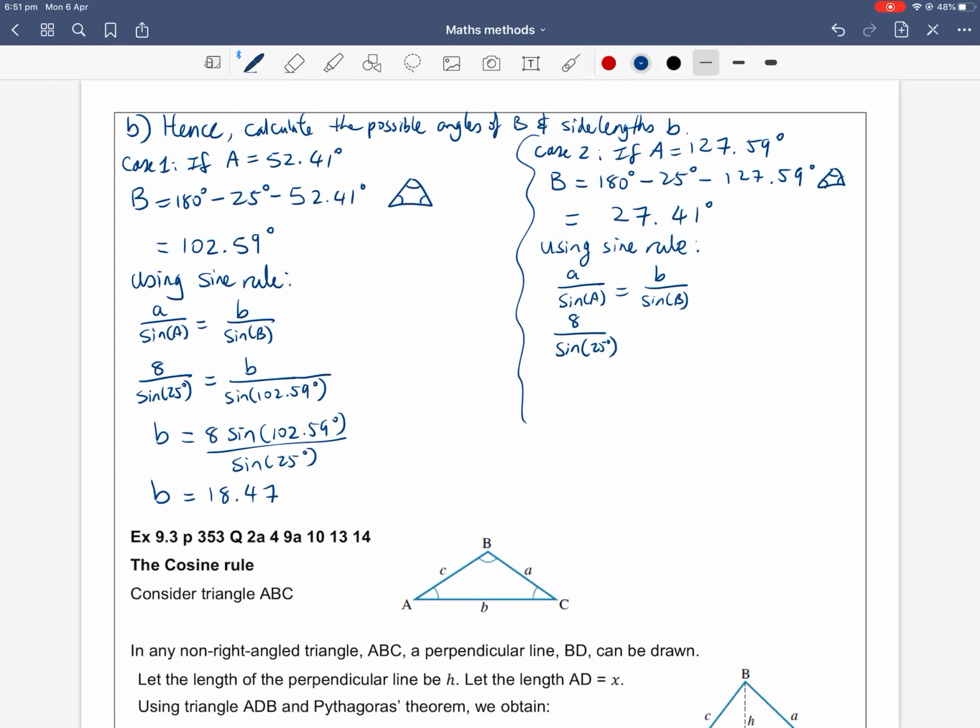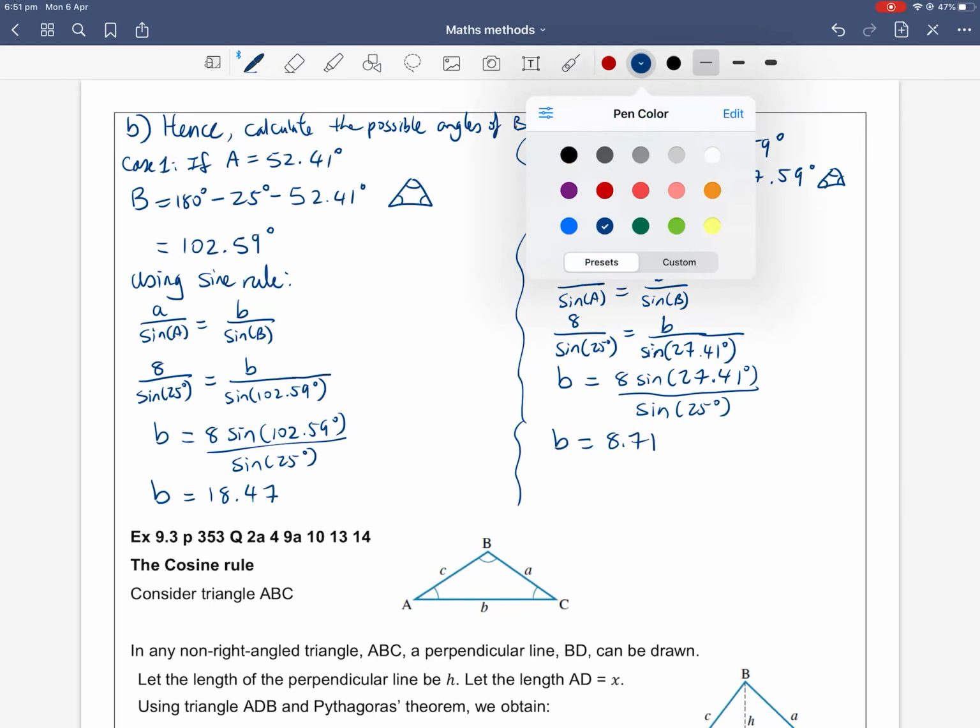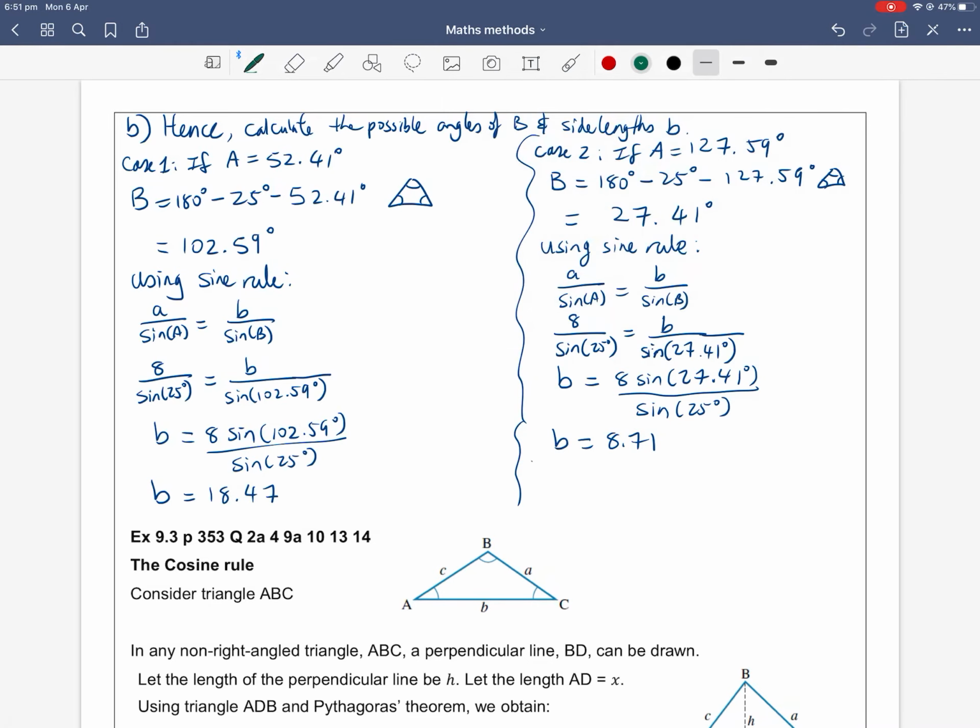So 8 on sine 25, so that's using angle C and side length C, is B on sine of my angle B, in this case number 2, is 27.41. So cross multiplying and then dividing, B is 8 lots of sine of 27.41 divided by sine of 25 degrees. Using a calculator, that gives us B is 8.71.